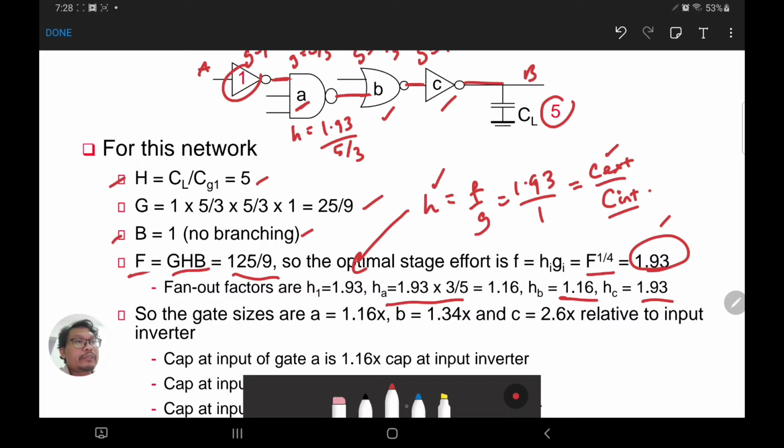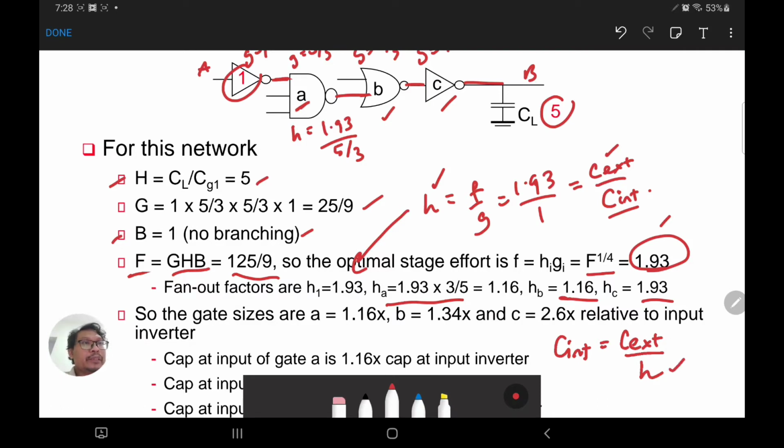So the C intrinsic is simply equal to C extrinsic divided by H. H we obtained already.